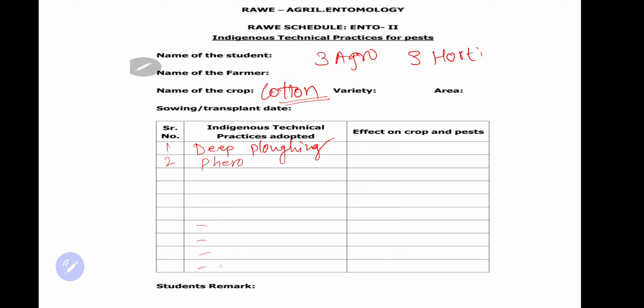Mention all the adopted techniques here, and the effect of these treatments on the crop and on the pest. Fill all this information in the sheet.